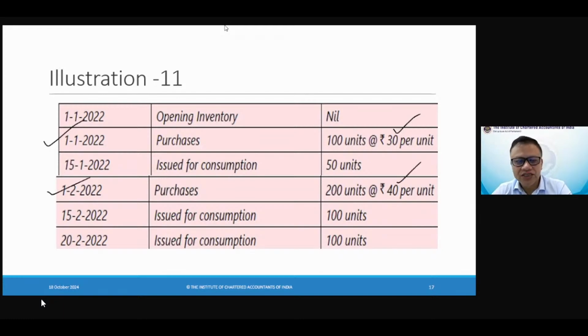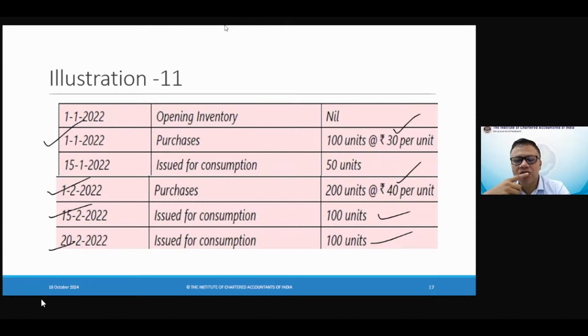Out of this 100 units, on 15th January, you have issued for consumption 50 units. And on 1st February, you again purchased 200 units at 40 rupees per unit. But again on 15th February, you issued for consumption 100 units from the total lot.